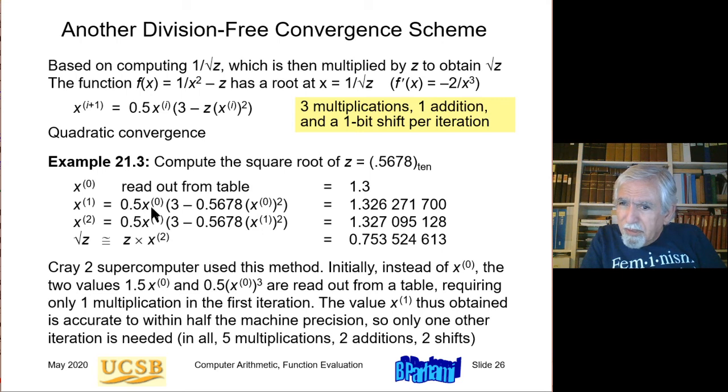0.5 x0 cube, that is, 0.5 x0 times x0 squared. So once we have those two numbers, 1.5 x0 and 0.5 x0 cube, I just need one multiplication and one addition.